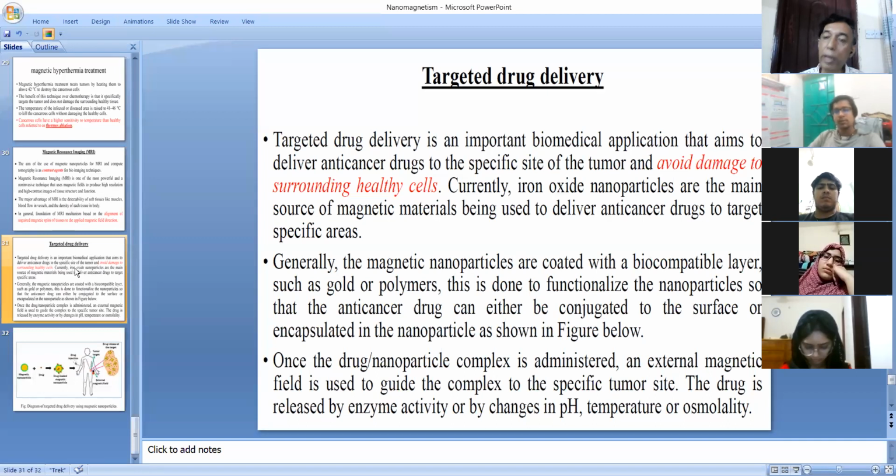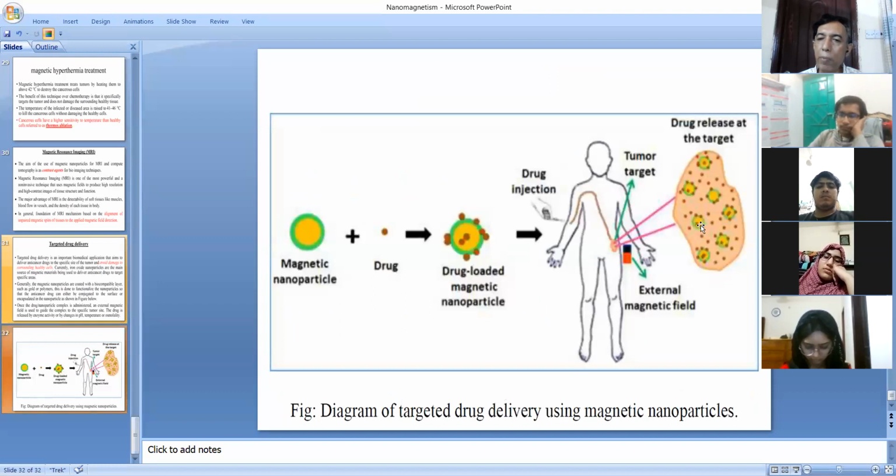We have to see that also. You see this nanoparticle entering, these small things are the drugs, but this is the nanoparticle. Will they do any harm to the cell? The scientists have to see it.